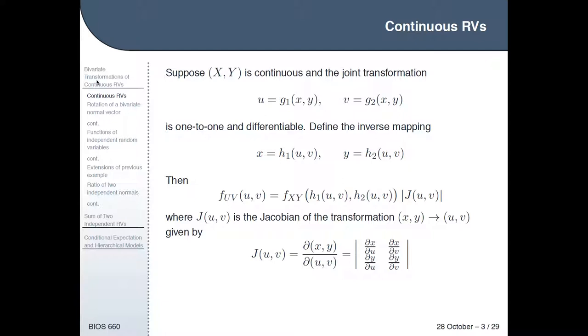If you don't remember the Jacobian from multivariable calculus, given this is h1 and h2, you take the partial derivatives of h1 with respect to u and v, the partial derivatives of h2 with respect to u and v, put it in matrix form and take the determinant.